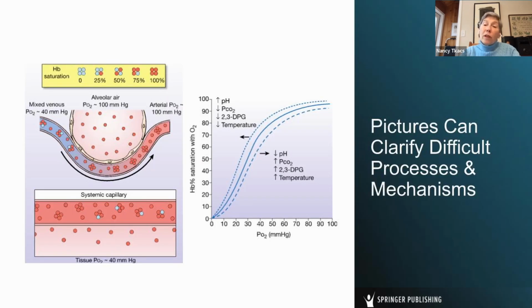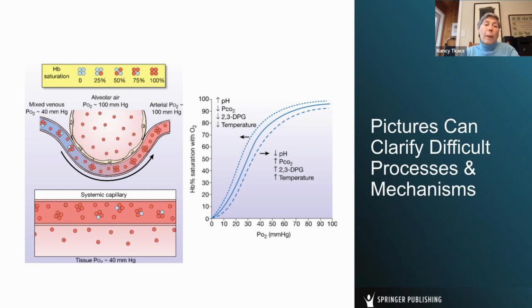And so you can use pictures that will help to clarify difficult concepts, processes, and mechanisms. This is showing a couple of pictures relating to gas exchange in the lung. On the left, you see a picture of hemoglobin saturation, which can go from 0, no oxygen bound to hemoglobin, to 100%, where you have each hemoglobin molecule carrying 4 oxygens.